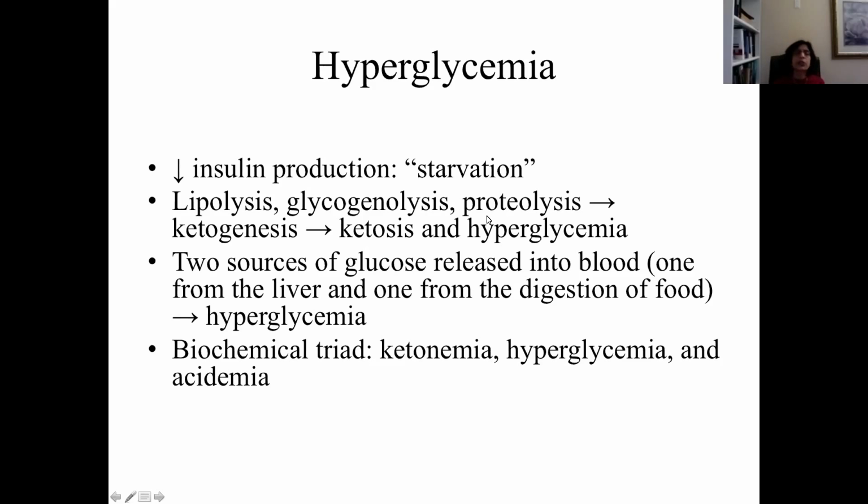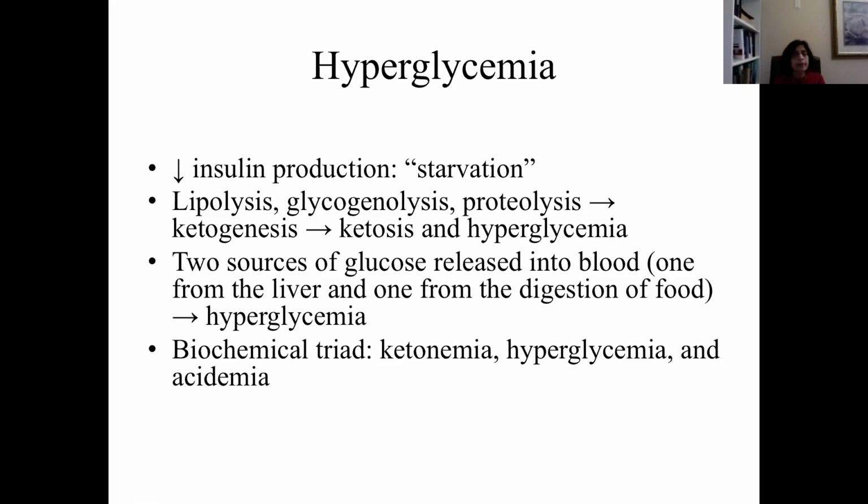All of that results in output of more glucose into blood from the liver, pretty much. So that is how you have hyperglycemia and ketosis. This is what we really wanted, right? Because the cells are starving and we need to provide them with some substances that they can use.